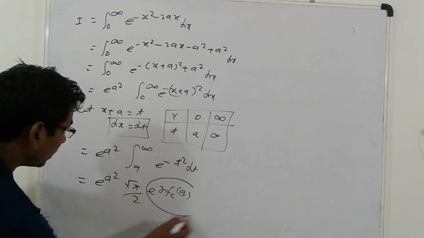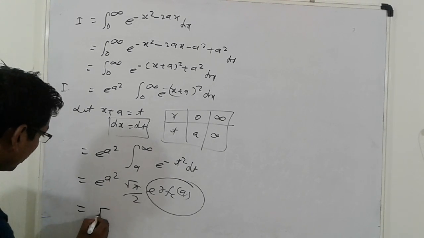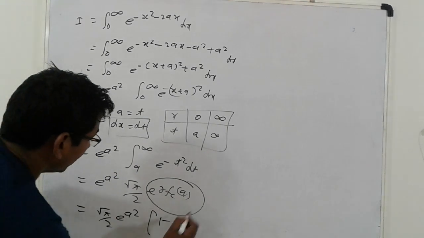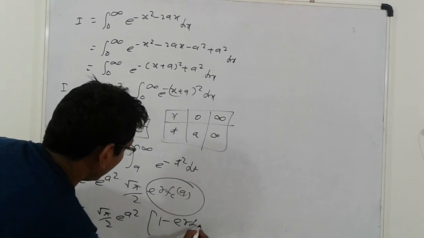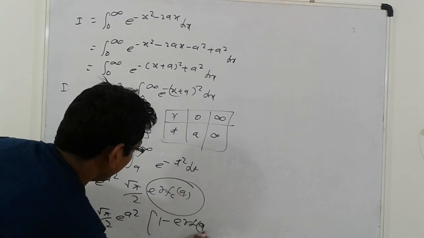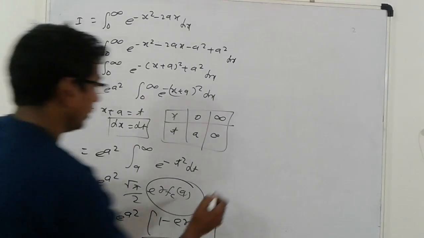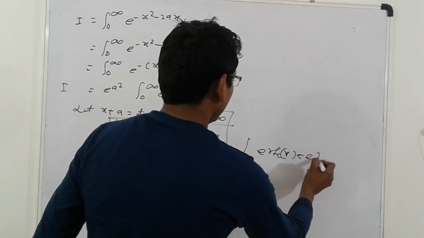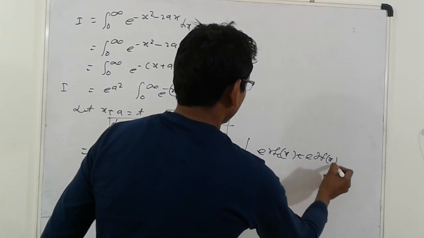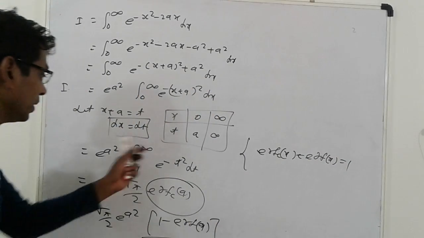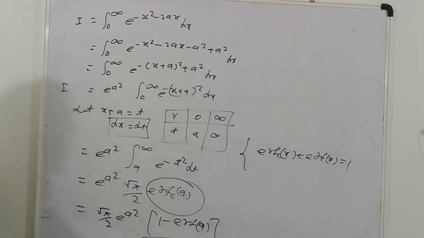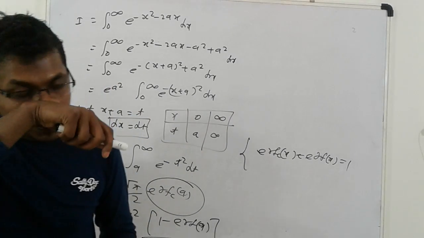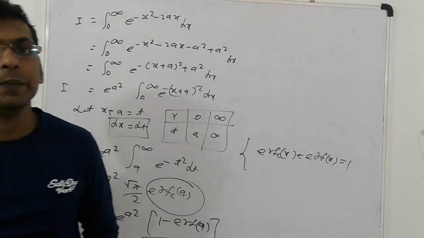Replace, so under root pi upon 2 e raised to a square into 1 minus error of a. Here the formula is that erfc of x plus error of x is equal to 1. Use this and simplify, that is the proof. So take care of that type of problems. So bye bye, thank you.